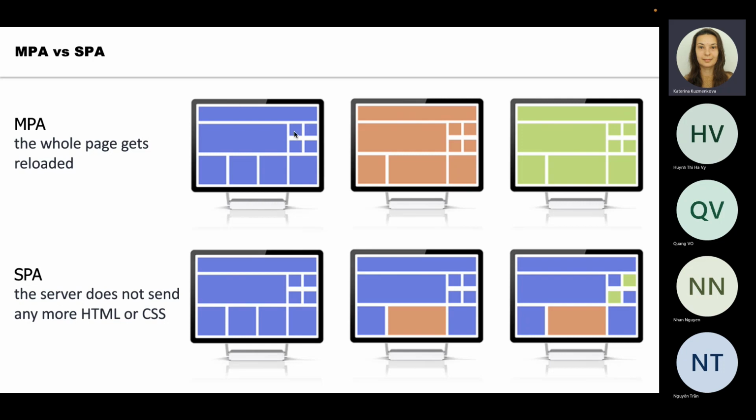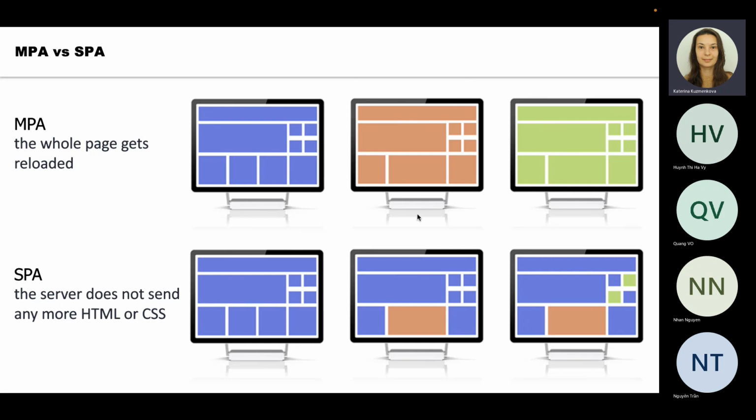So it means that after each click, if you have, for example, a navigation menu where you see home, about us, some links to products and contact, and you choose and go to the page with contact or about the company, you will get the whole information about this page.